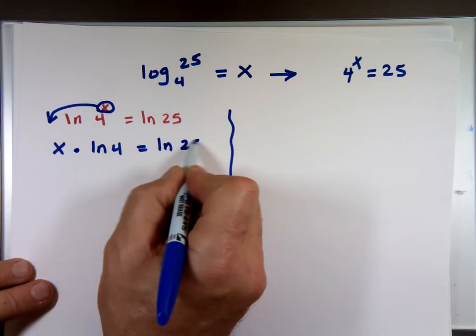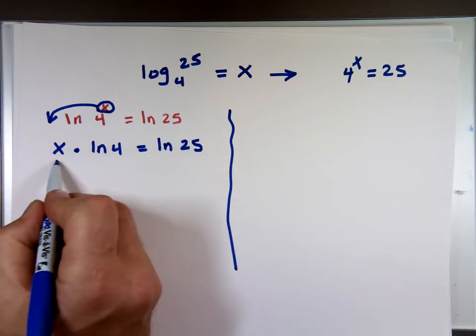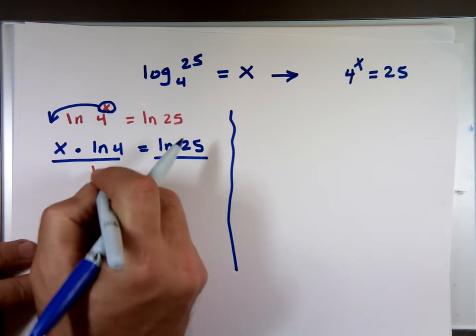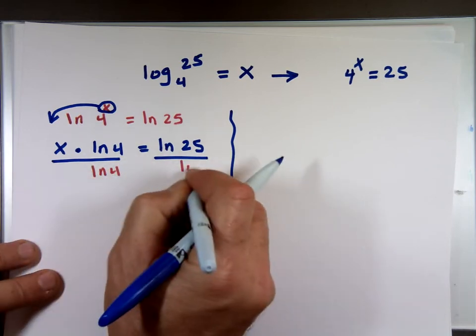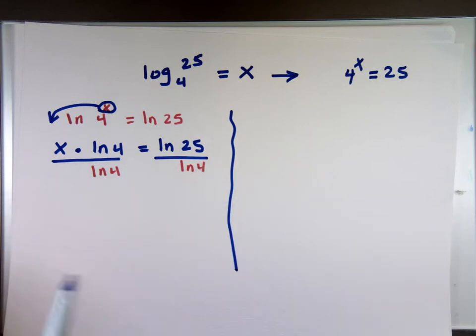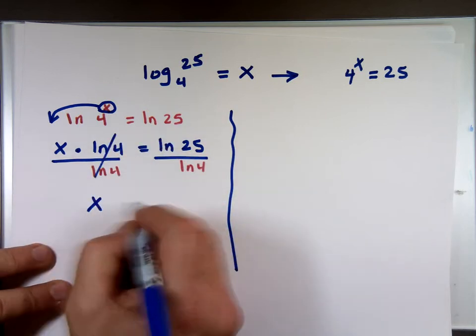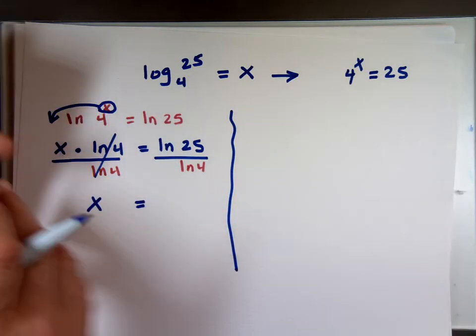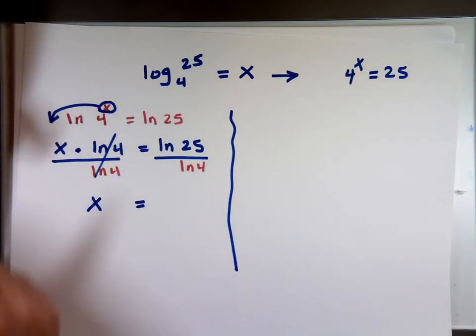You have a multiplication. To solve for x, you're going to divide both sides by what? Natural log of 4. What's x equal to? The natural log 25 over the natural log of 4. Make sure you close the parentheses when you take the natural log.